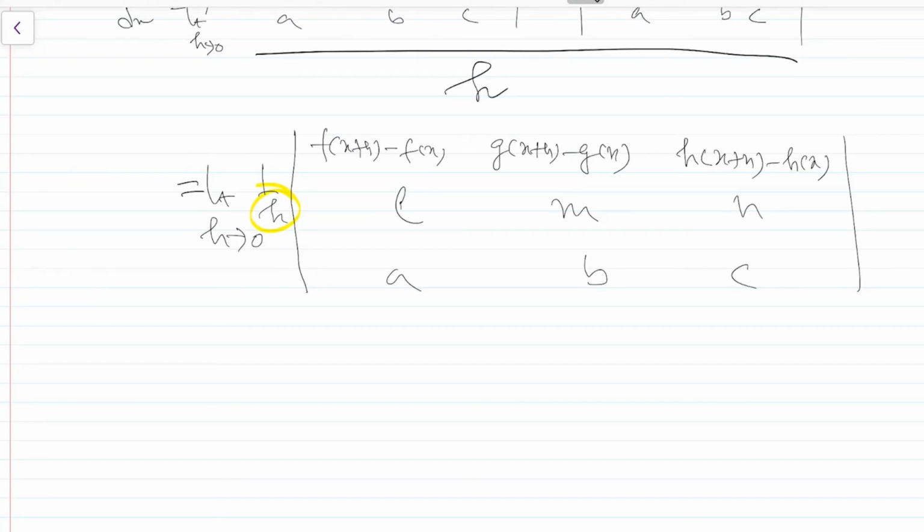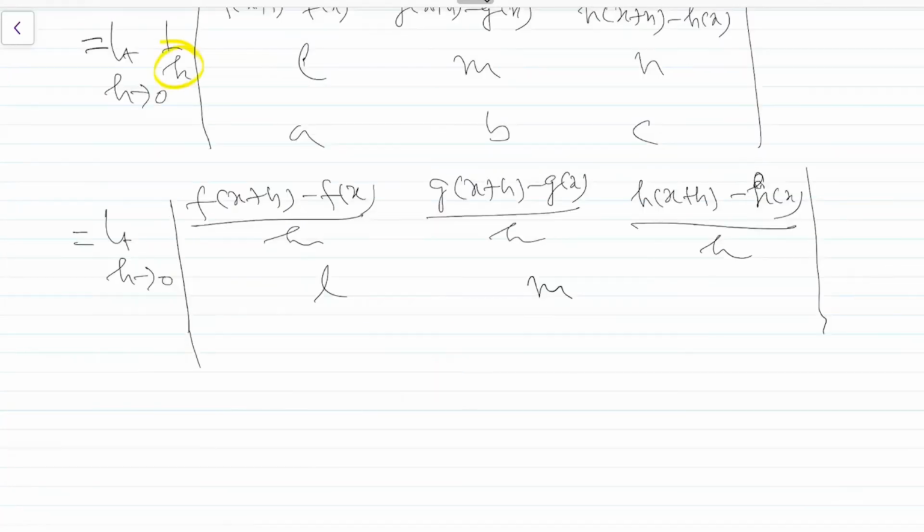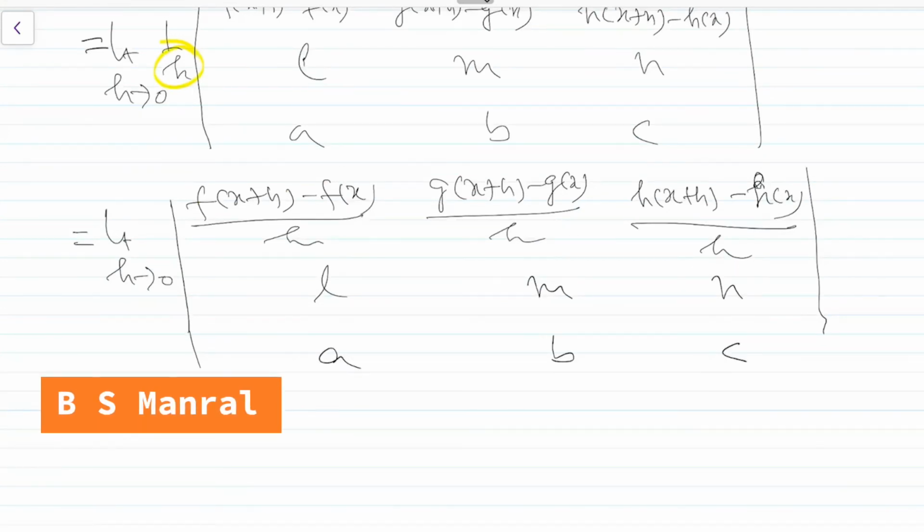So we'll divide first column. We get limit h tends to 0 of the determinant with first row f(x plus h) minus f(x) divided by h, g(x plus h) minus g(x) divided by h, similarly h(x plus h) minus h(x) divided by h. Second row and third row will remain same, a, b, c.